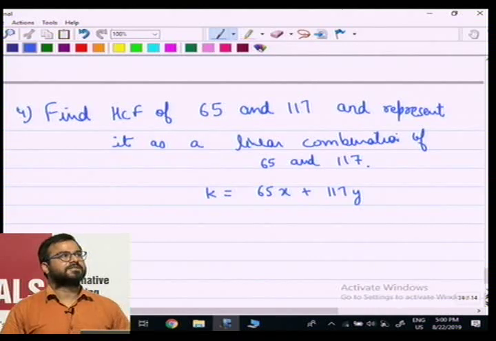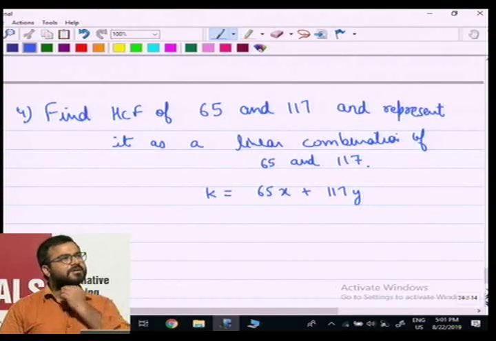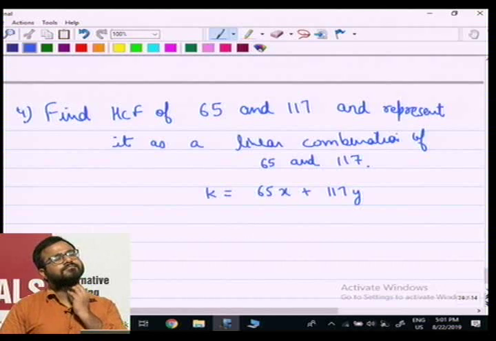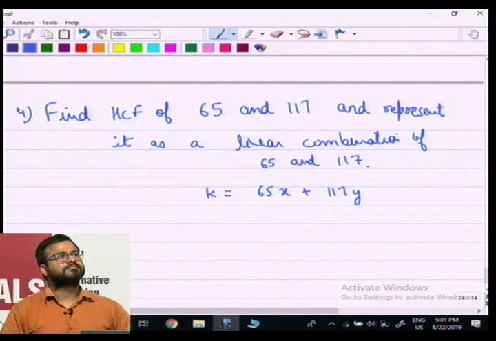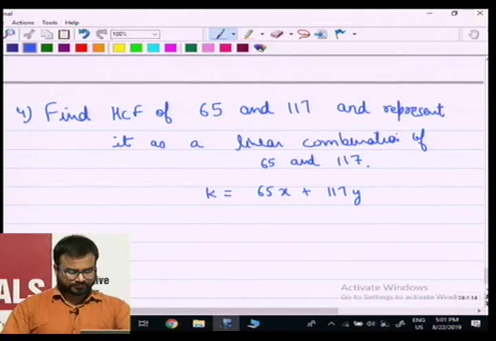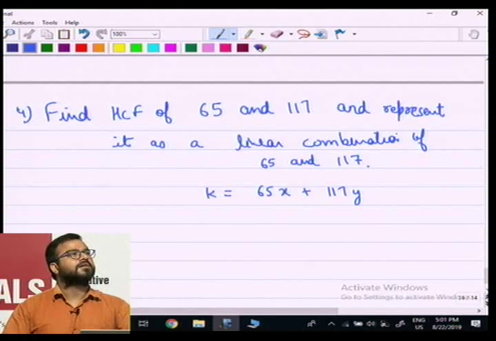Hmm. 13 is the HCF, that is correct. CC4, your answer is not right.